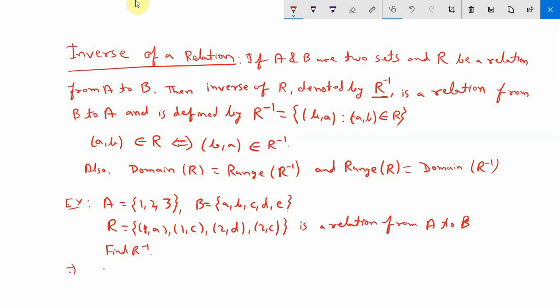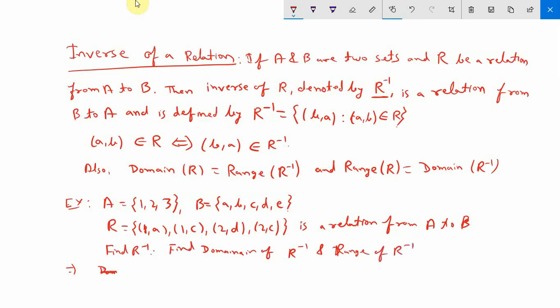So first we will also write here: find domain of R inverse and range of R inverse.